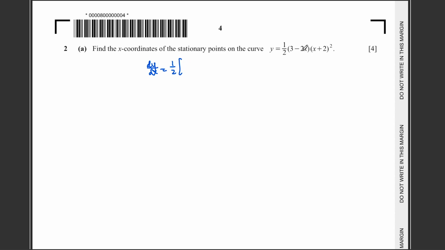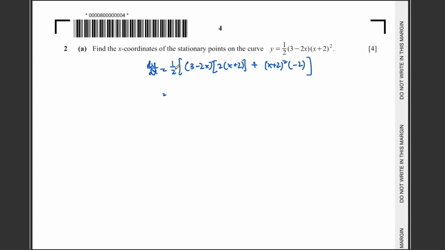First, I leave the first term, 3 minus 2x, and differentiate the second term. So I bring the power down, and the derivative of the inside is 1, so I don't need to care about that. Then I add: I leave the second term and differentiate the first term, which will be just negative 2.